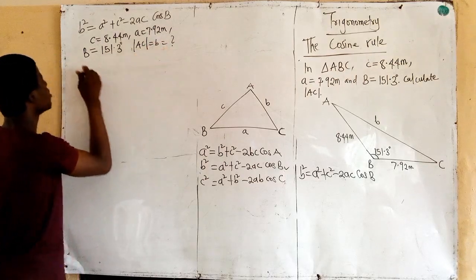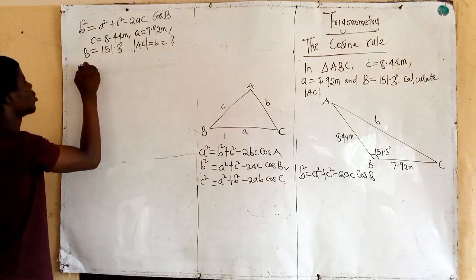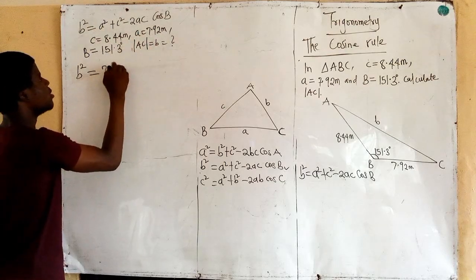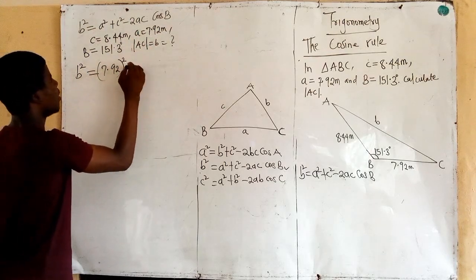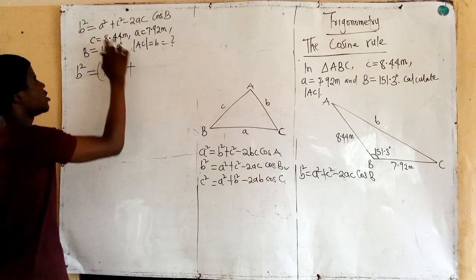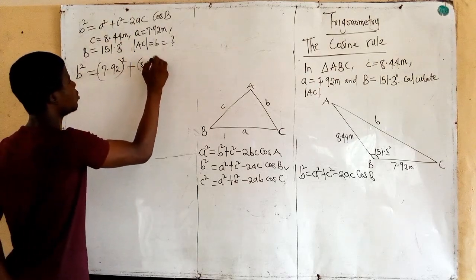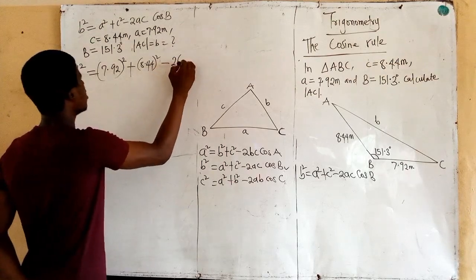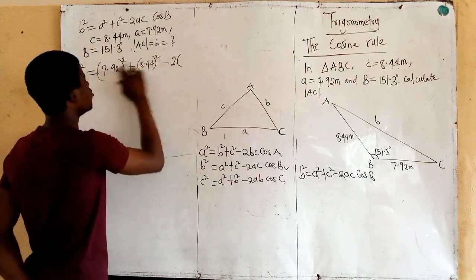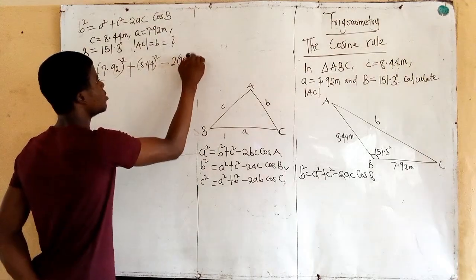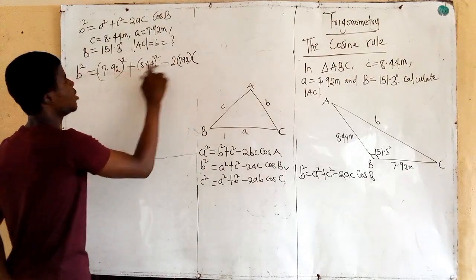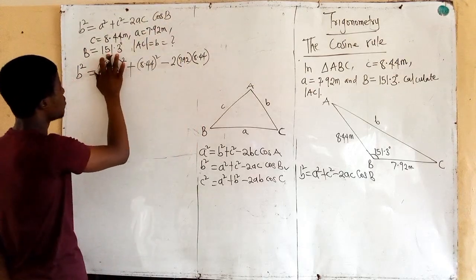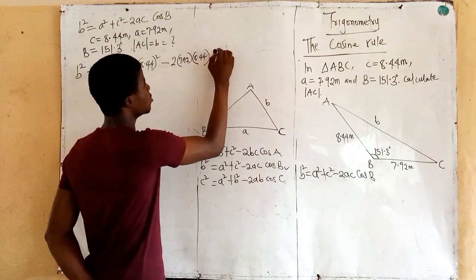Having known this, b squared is equal to a squared, that is 7.92 squared, plus c squared, that is 8.44 squared, minus 2ac, that is minus 2 times a is 7.92 times c is 8.44 cos B, that's cos 151.3.